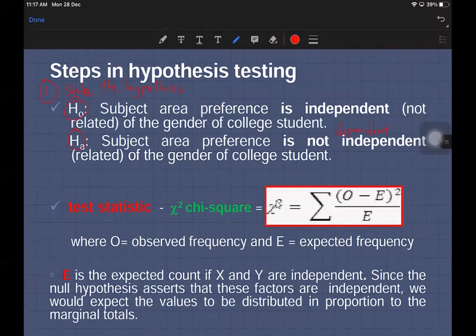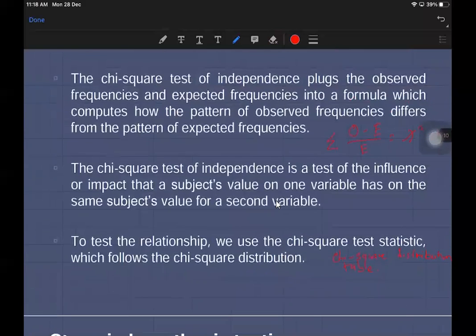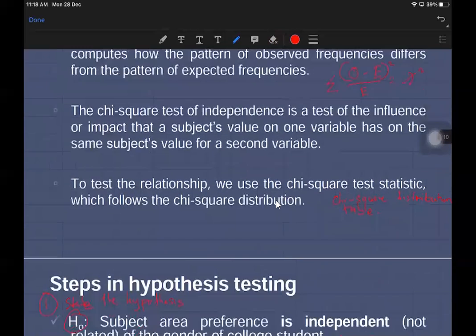Okay. Step number 2, calculate our chi-square test statistic. So this is the formula. Sorry, I forgot to write square. Okay, we need to have the square because we want to remove the negative value.